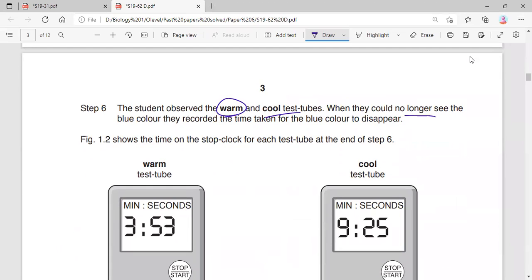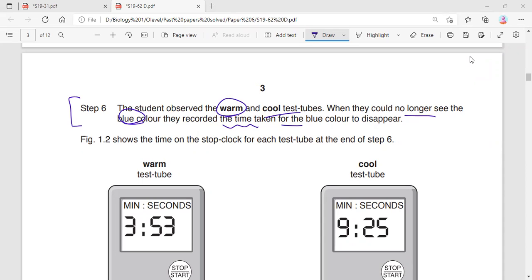When he no longer sees the blue color, he records the time. There are 2 errors in this step. One error was observing the 2 test tubes at the same time. This is not an accurate way because you will not be able to record the time accurately for both test tubes.